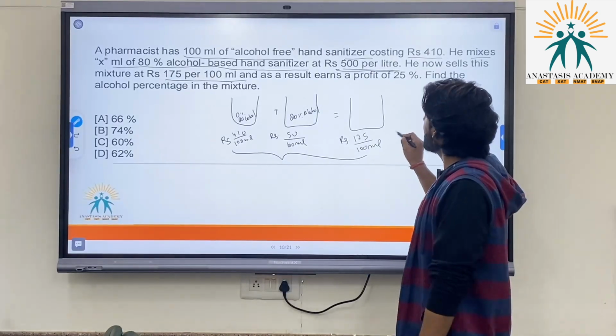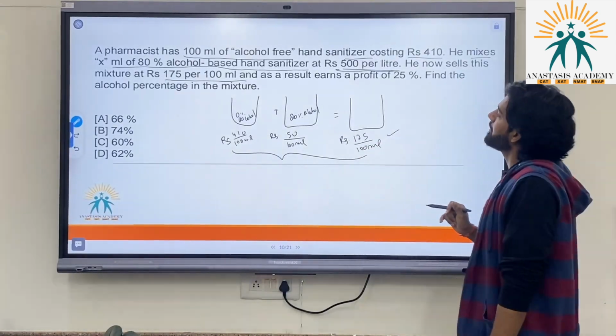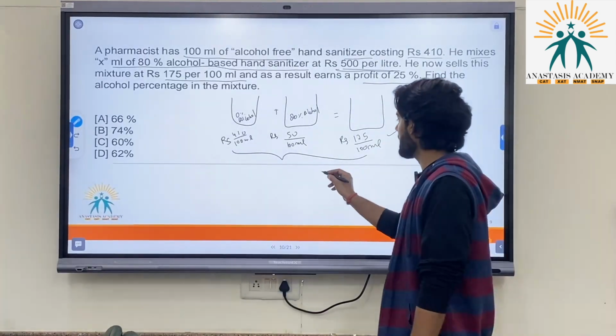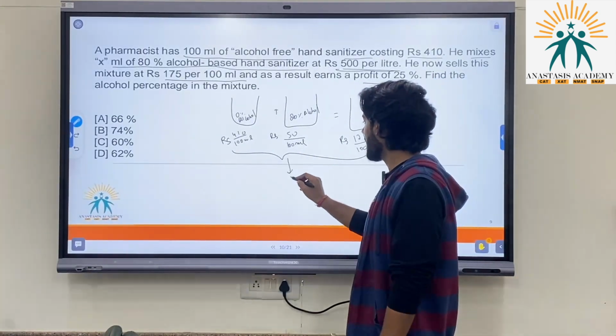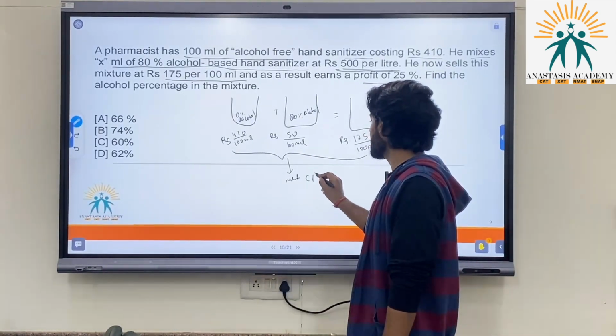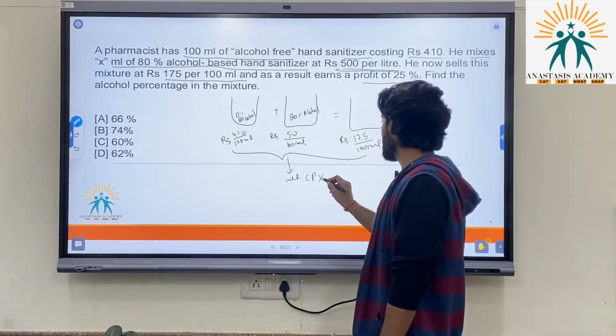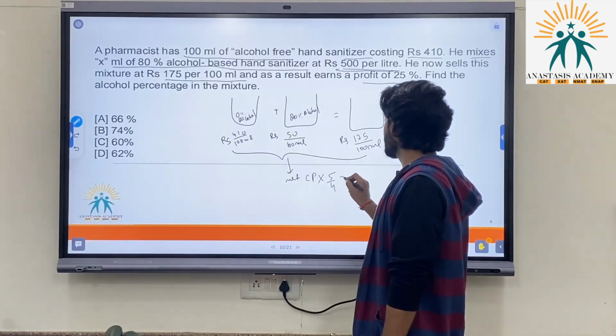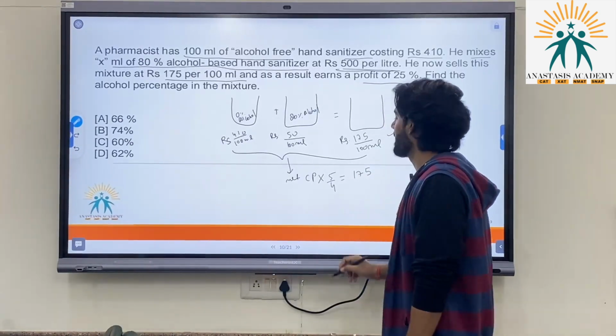Now for selling it at 175 per 100 ml, he earns a profit of 25%. Profit of 25% means the selling price is 5 by 4 of the effective or net cost price of this mixture. So 5 by 4 becomes 175.